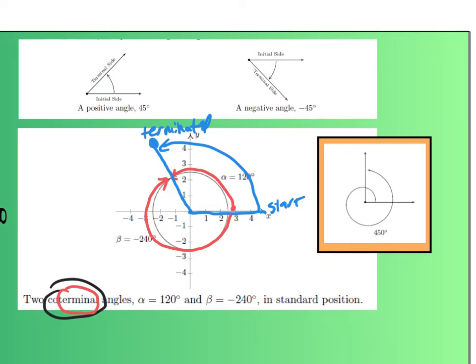If you think about it, 90 plus 90 would be 180, plus, if that one's 120, couldn't I just take 360 and subtract 120? That would make it 240. So this would be 240 degrees. But to say it's a 240 degree angle would miss the fact that you went backwards. So it's called negative 240. So 120 and negative 240 are called coterminal. They stop in the same spot.